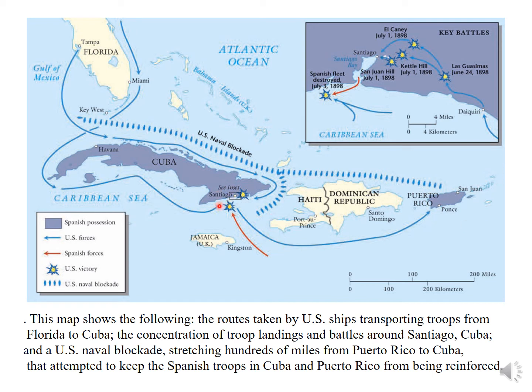You'll notice here that most of the fighting is happening here in Santiago, out in Cuba, and over here in Puerto Rico, there is no fighting, although at the very end, towards the end of the war, the U.S. does send troops over to Puerto Rico, but it is unnecessary for there to be any fighting because ultimately there will be a treaty signed with Spain.